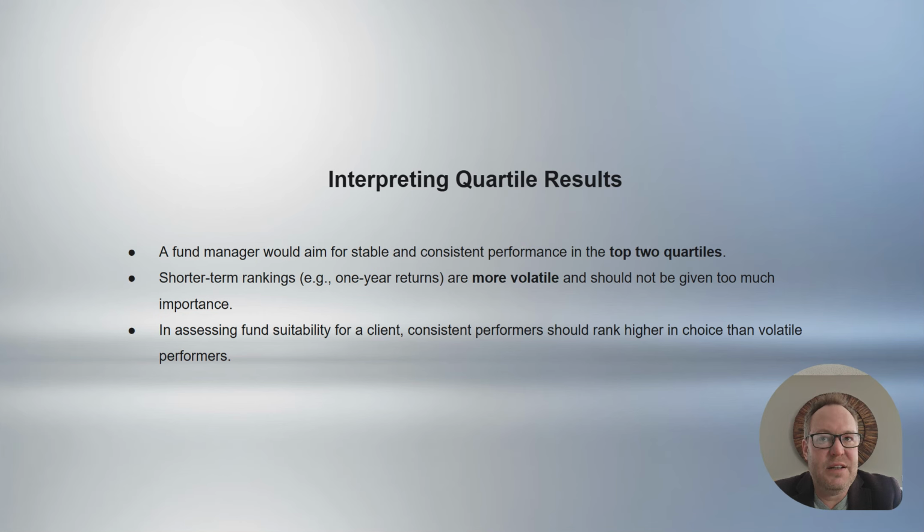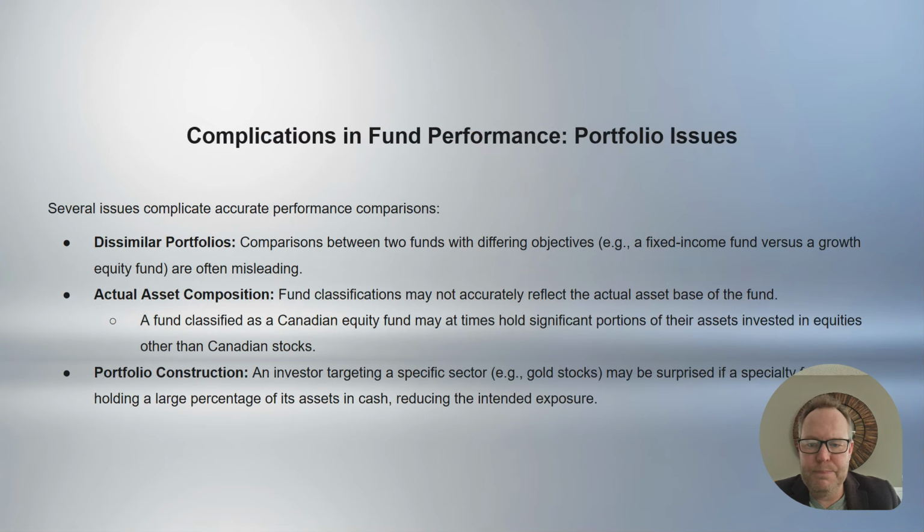It's looking at top quartile rankings over different periods, maybe the last 1 year, 3 years, 5 years, and 10 years. The higher the quartile ranking for a longer period of time, typically the more consistent and the better long-term investment strategy those mutual funds would be.